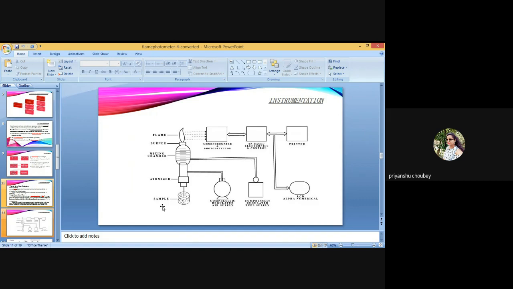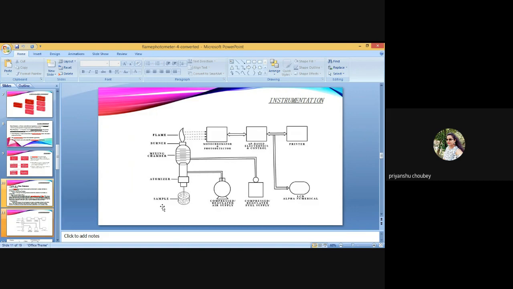Double beam colorimeters employ barrier layer and matching photocells, and the incident filtered light is divided into two parallel beams, one passing through the solution in the tube before falling on the photocell, and the other passing directly onto the reference photocell through an adjustable slit.